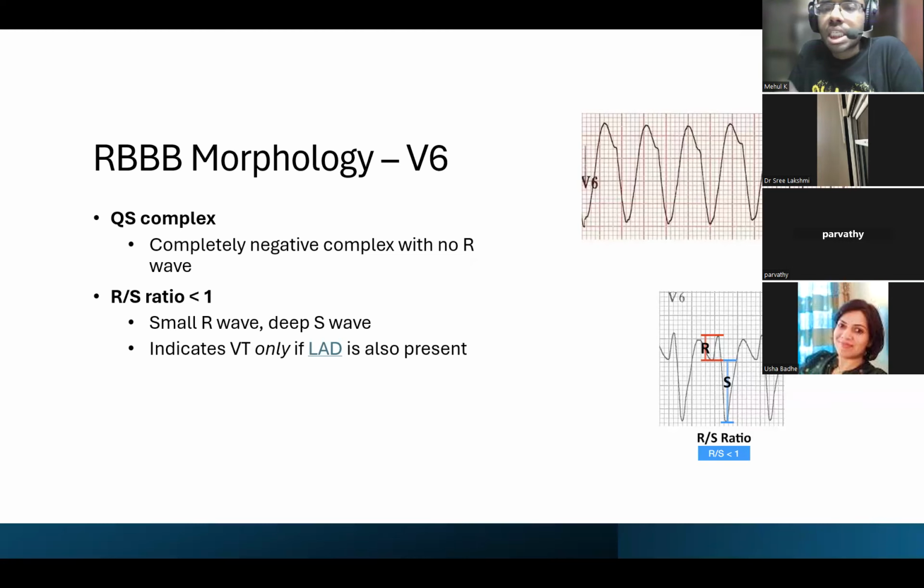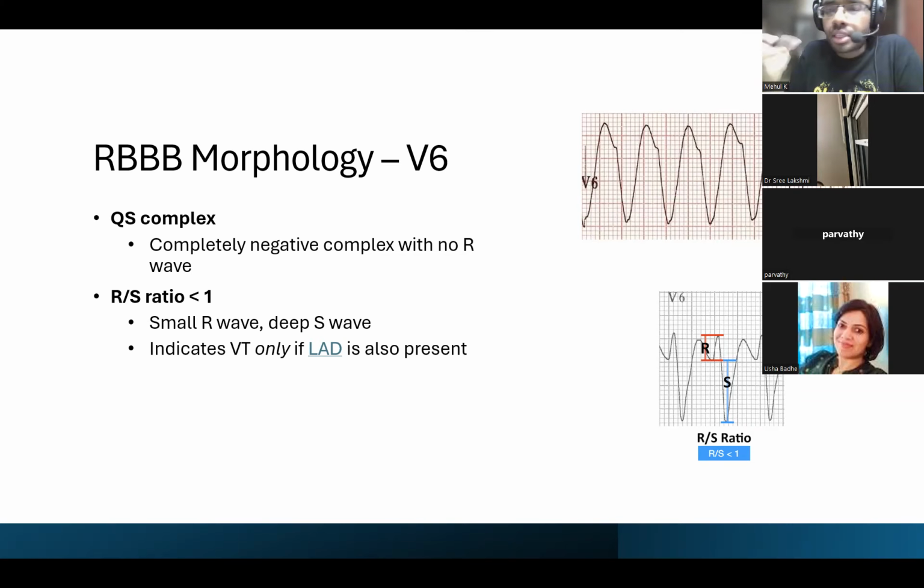What about V6? Again, in V6, generally you have slurred S waves, but you are not supposed to have completely negative waves in RBBB. If you have completely negative waves, QS complexes, that favors VT. Similarly, if you have an R by S ratio of less than 1, that means the positive deflection in V6 is less than the negative deflection in V6.